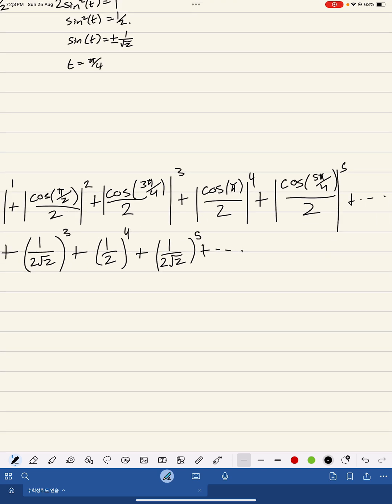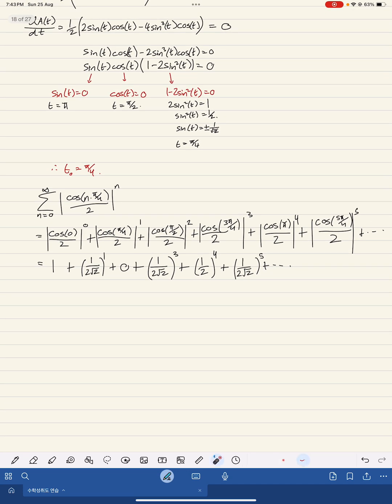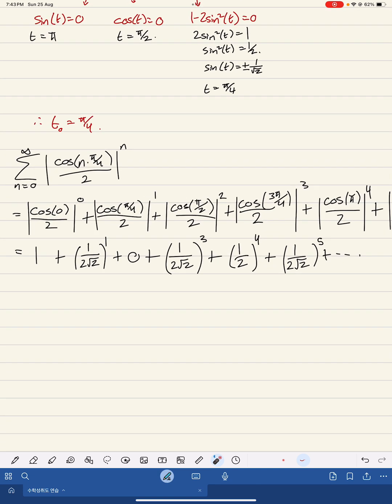Notice that there is a pattern. Firstly, we can see the 1 over 2 root 2's appear when there is a, from the simplified version, a over 4. For example, 3 pi over 4, 5 pi over 4, 7 pi over 4. The next would be 9 pi over 4.